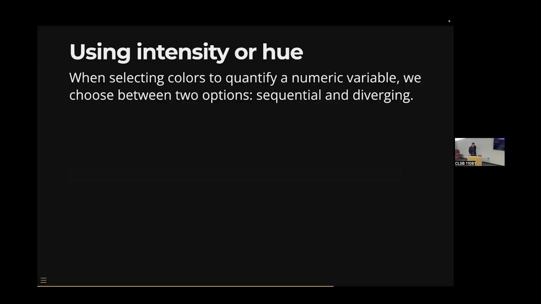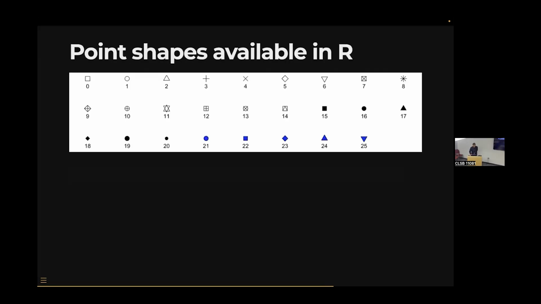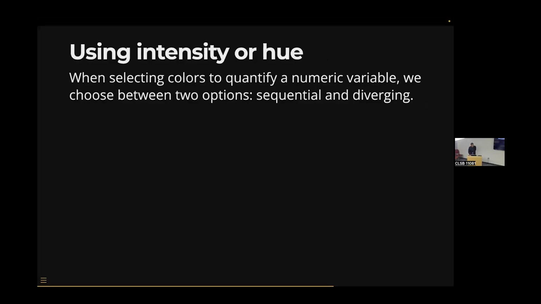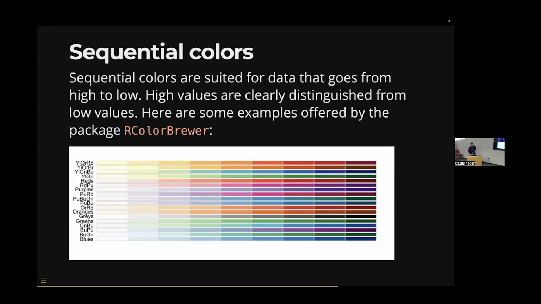Okay, so now we're going to use color to show numbers. In that plot, this was showing category. Category is easy, right? Each category has its own color, no problem. But what if we want to show a number? There's two choices you want to make here. It's an important difference. There's a distinction we make when we want to show numbers.